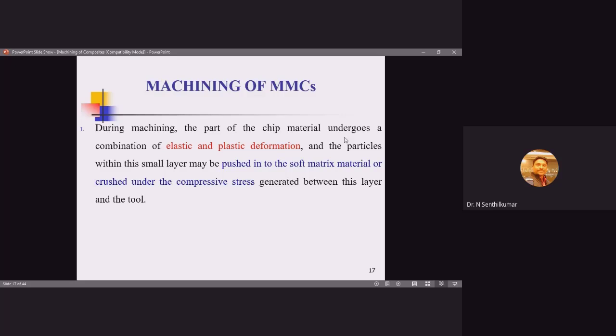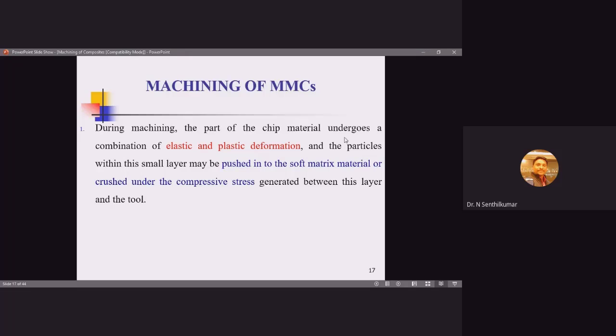There comes a situation where a particulate will be there, because the cutting tool is in contact with the workpiece at only a small area. If there is a reinforcement particle, SiC for example, a silicon carbide particle, what happens? There are two cases. One, the matrix is soft actually. So if the cutting tool comes in contact with the particulate, the cutting tool will push the particulate inside the soft matrix.